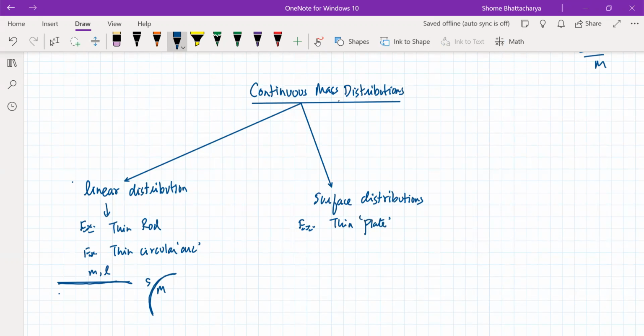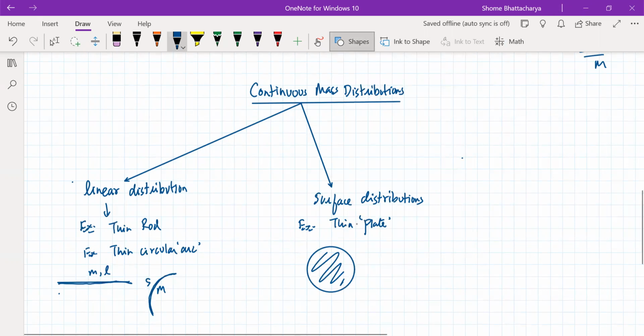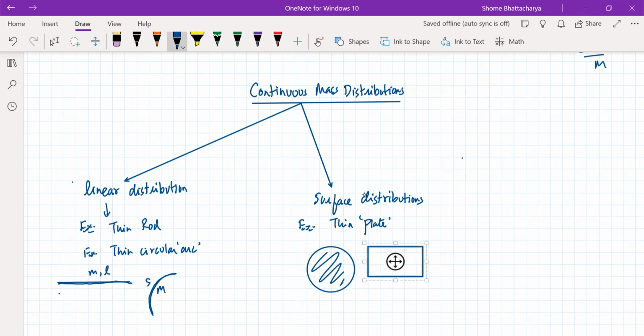One example of that could be a disk, like we saw yesterday. We were discussing a disk with a hole cut out. So that's also an example of a surface distribution. Or it could be, say, a rectangular plate, a triangular plate, or whatever.